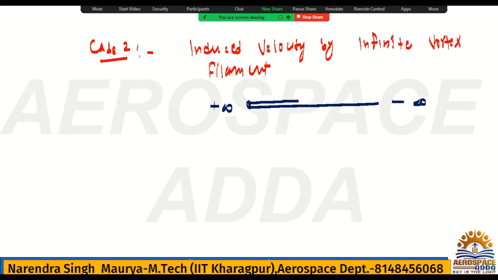I can say this is the vortex filament, and at some distance which is nothing but h, at h distance, this point is nothing but P. Here you have to calculate the induced velocity.